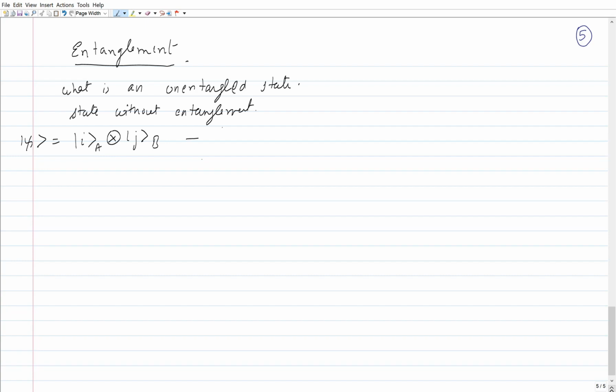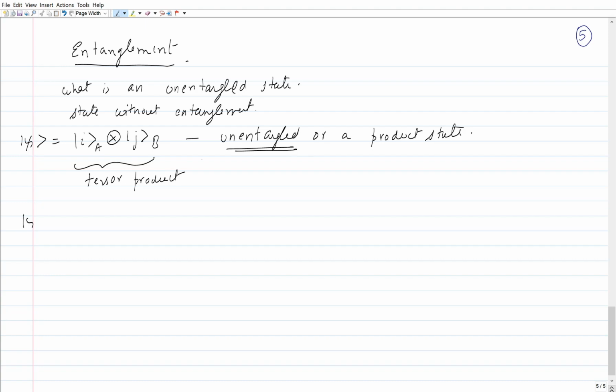This is an unentangled or a product state. So this is a tensor product, as we discussed in this lecture. So any state which is a tensor product state is also an unentangled state, or in other words, a product state is an unentangled state.